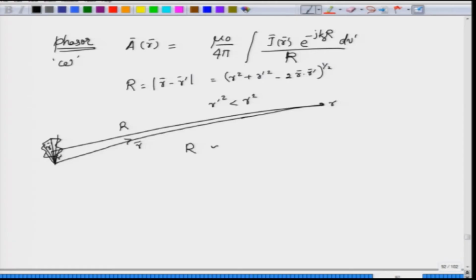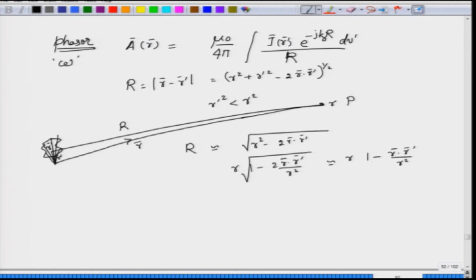So, I can approximately write this as r square minus 2 r dot r prime, and I can pull this small r out. Please remember that small r is the position vector of the point P where you are observing the fields. So, if I pull r out, then I will have the square root of 1 minus 2 r dot r prime divided by r square. Using the binomial theorem, I can write this as 1 minus r dot r prime divided by r square.